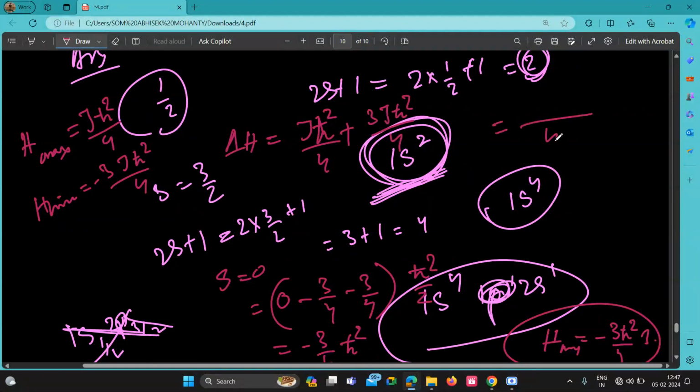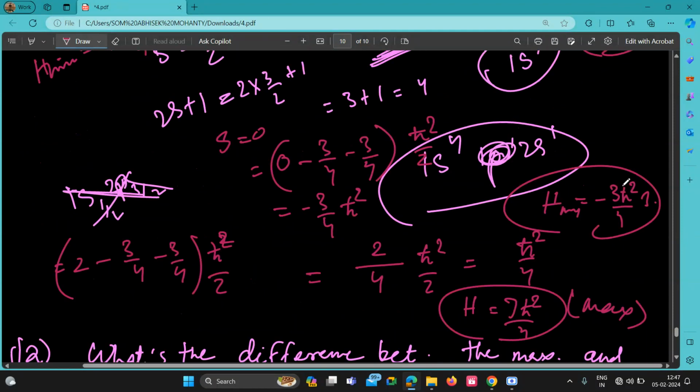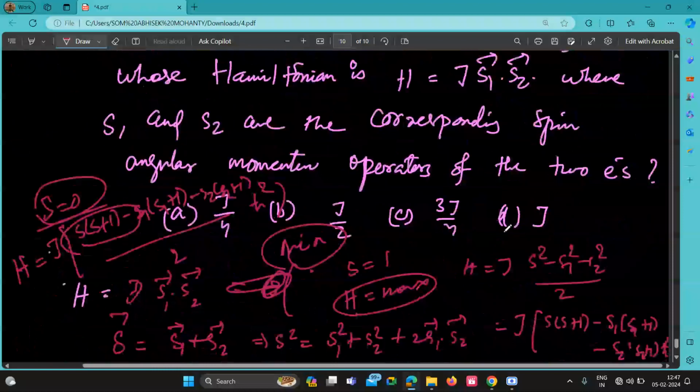If you take the LCM, 1 plus 3 is 4 by 4, that is 1. So J ħ squared is the answer. So in terms of J, if they have taken ħ squared as 1, the answer is 1 J.